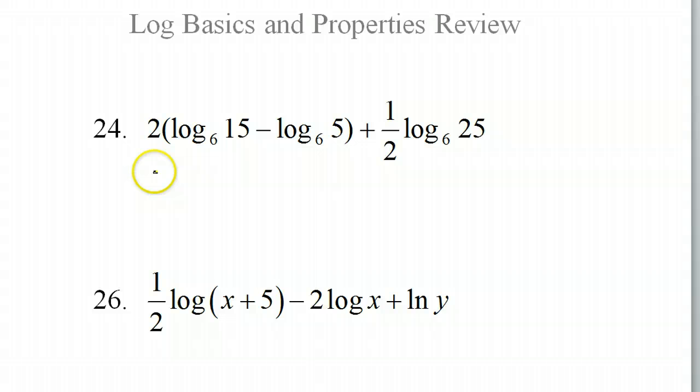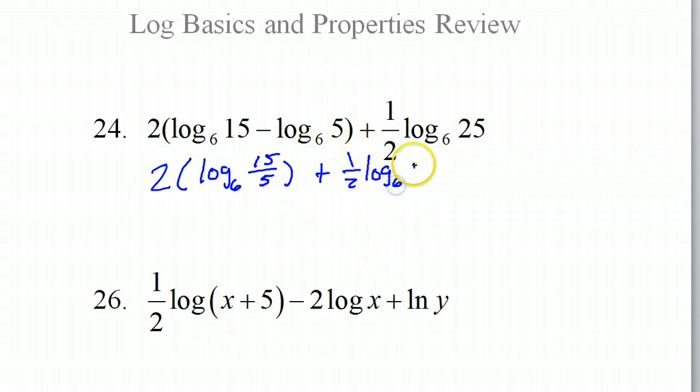So that's going to make this 2 times the log base 6 of 15 over 5. Okay, so obviously that's 3. So now I've got 2 log base 6 of 3.